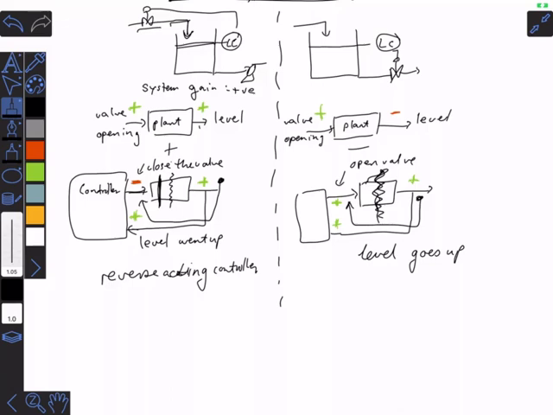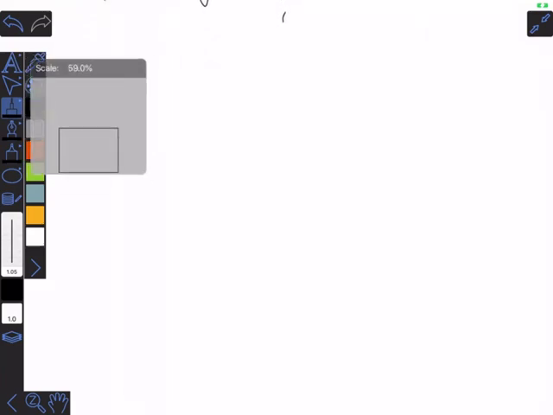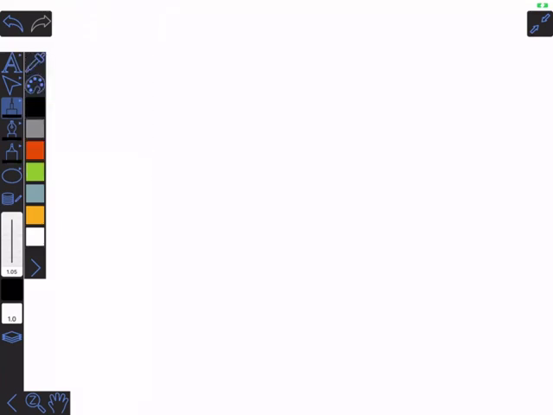Is everybody cool now with controller action? Okay, these are the rules. Remember that the controller action relates the measurement to what the controller output is. Now it becomes complicated. Let me explain why complications can ensue.